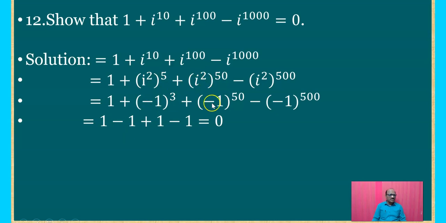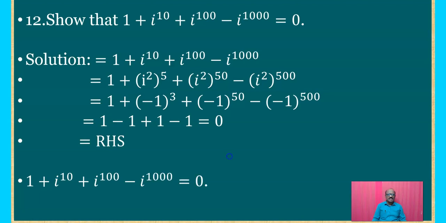Minus 1 raised to 50 means what, plus 1. Minus 1 raised to 500 is plus 1, but here is a minus sign. Now again the plus 1 and minus 1 get cancelled, plus 1 and minus 1 get cancelled, and overall you will get 0, and hence it is RHS. Hence LHS is equal to RHS. That is the answer. Next is number 13.